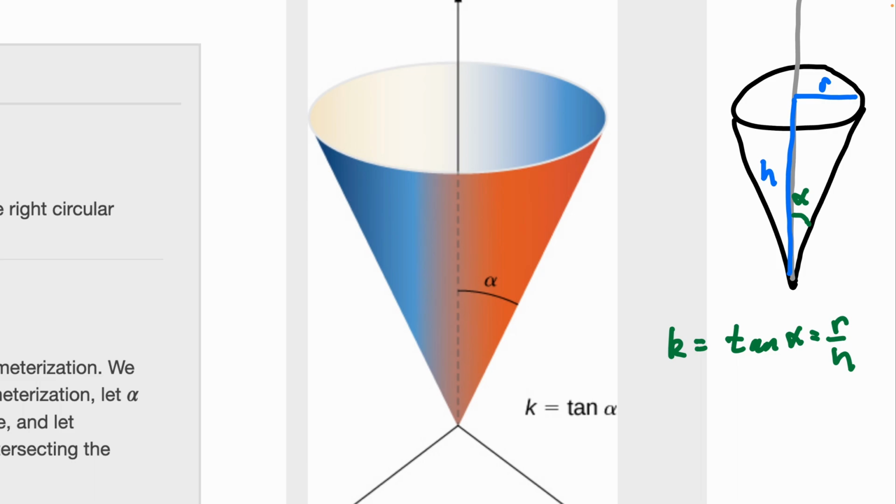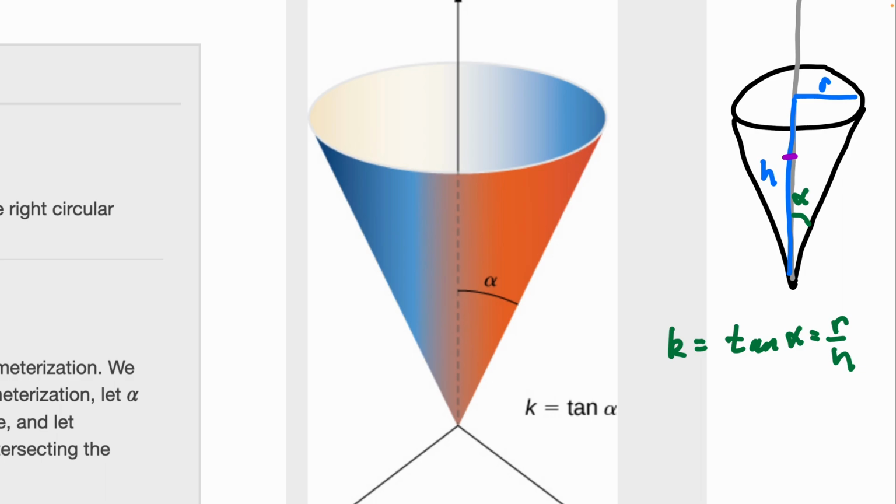Remember when we started drawing this picture, I suggested starting with the circle, and that means that at any height you pick, a height less than h, if you take a cross section with a horizontal plane, you're going to get a circle. And circles are familiar to us, so let's take some arbitrary height here.